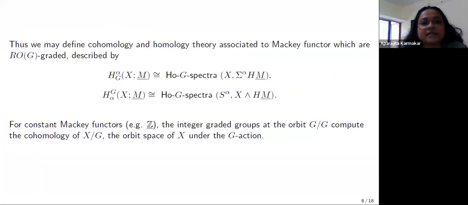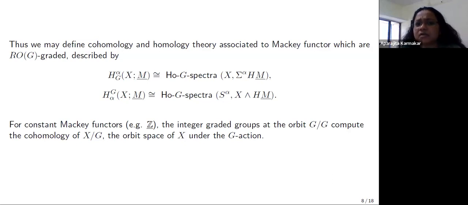Thus, we may define cohomology and homology theory associated to a Mackey functor, which are RO(G) graded. The description is, we go to the homotopy category of G spectra and see the morphisms between X and suspension alpha of HM bar.